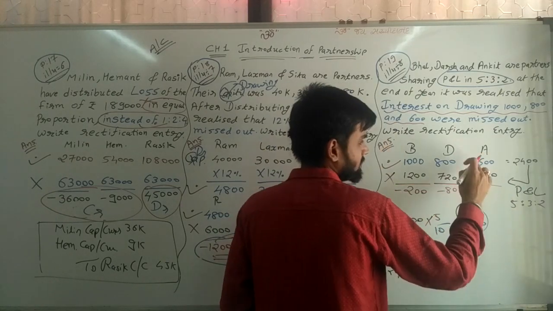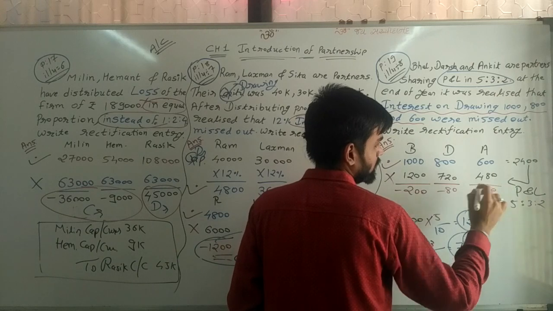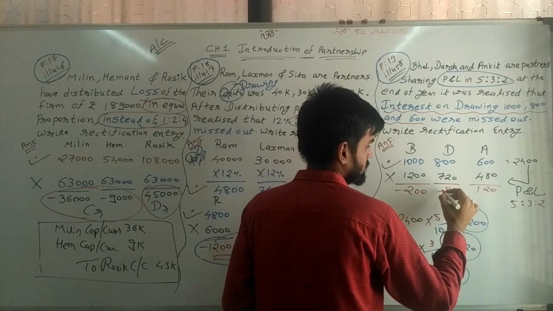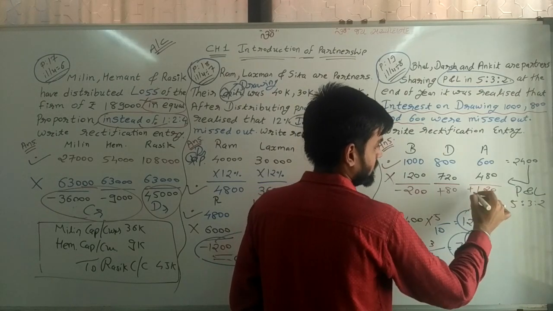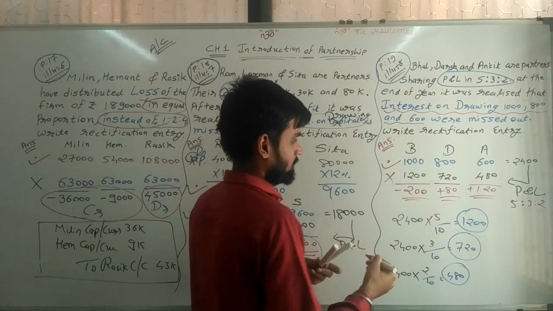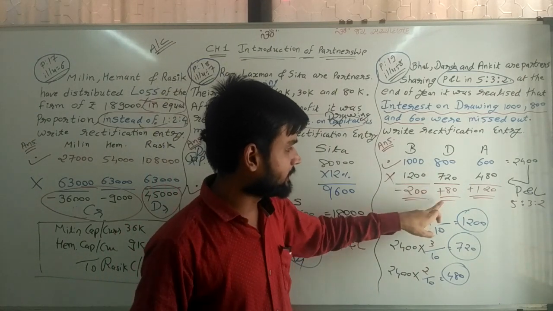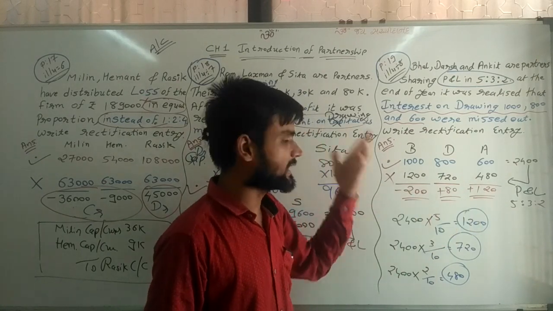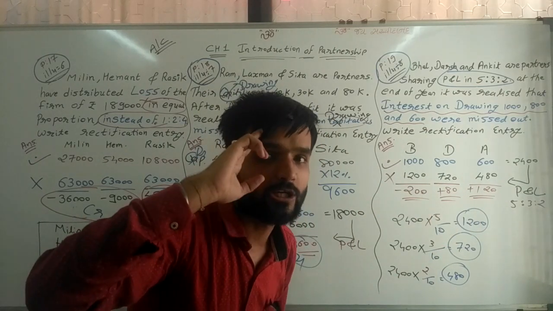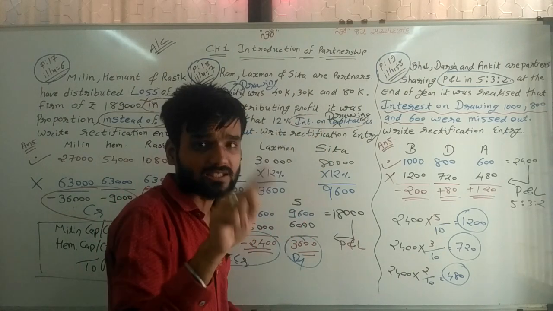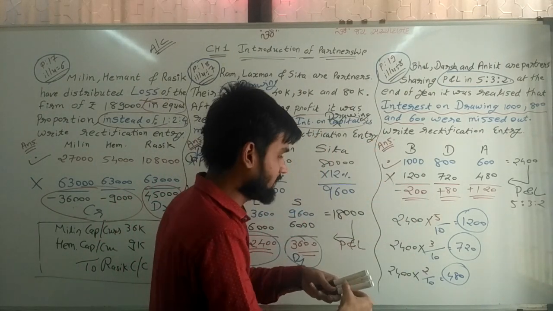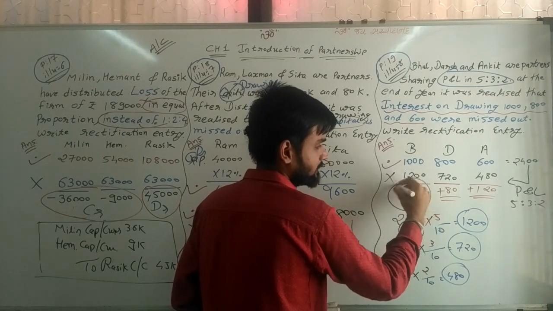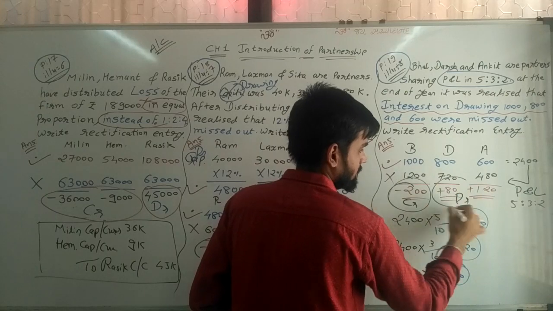And finding the difference, 600 minus 480 is 120, and here the answer is plus. So 80 plus 120, the answer is 200. Now again, try to remember: if interest on capital is given, minus debit. But here interest on drawing is given, so minus credit and plus debit.